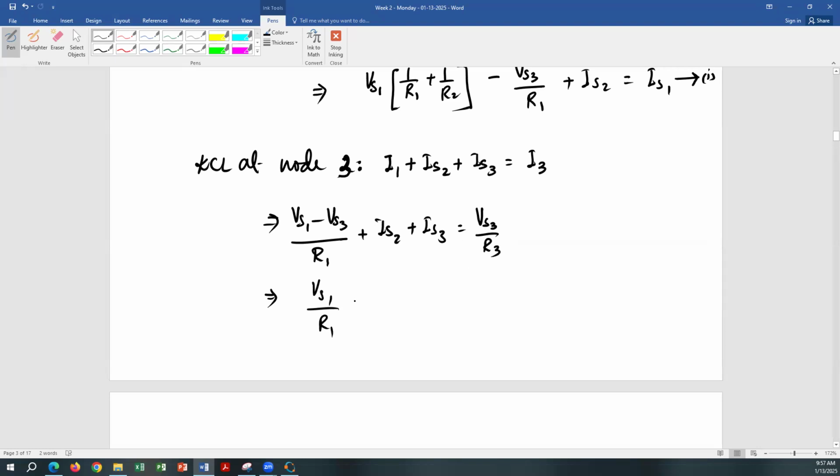It's going to become negative, minus Vs3 times 1 over R1 plus 1 over R3. Both terms are going to be negative when I take this on the left side of the equation. Is2 is unknown, and I'm going to take the known quantity, which is Is3, to the other side of the equation. That's going to become negative Is3. And that would be our equation number 2.